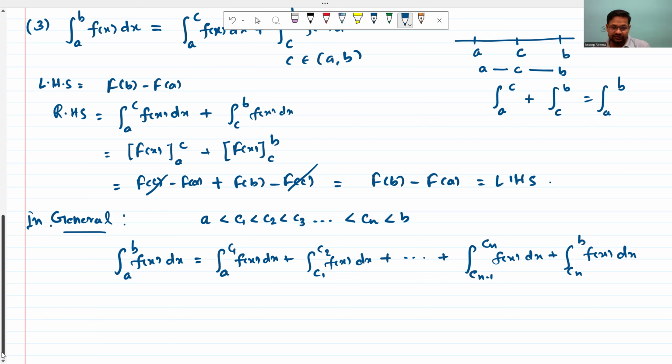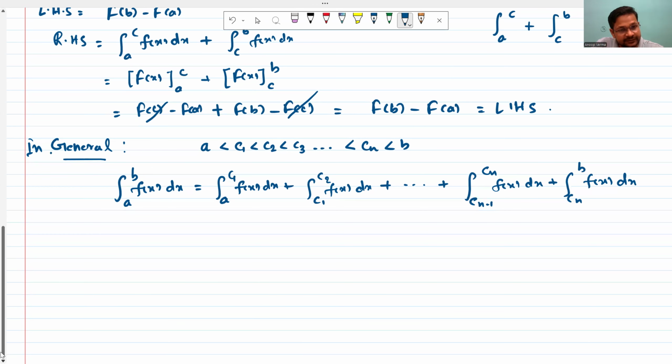So this is the third result of the definite integral: it is possible to break the interval and integrate. Next, the fourth one. These are very important properties, so you should remember all of them.